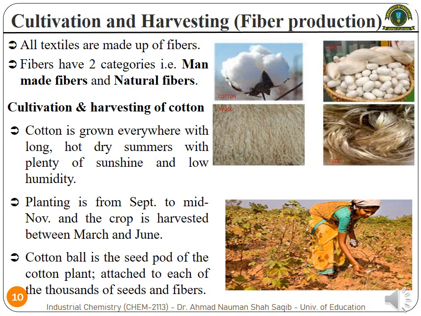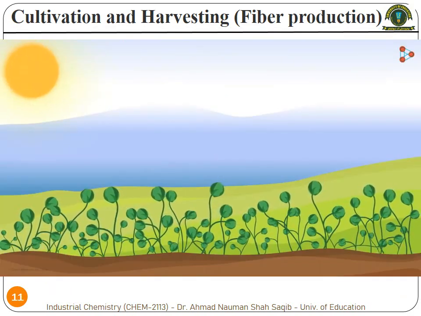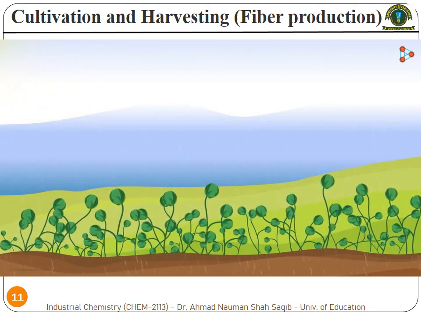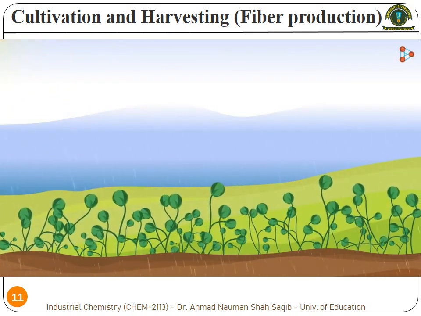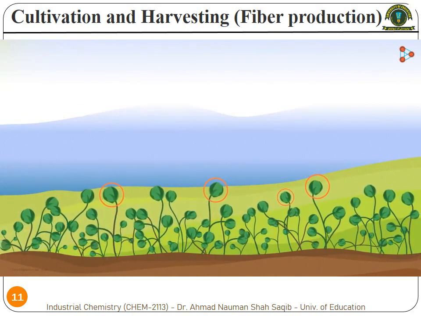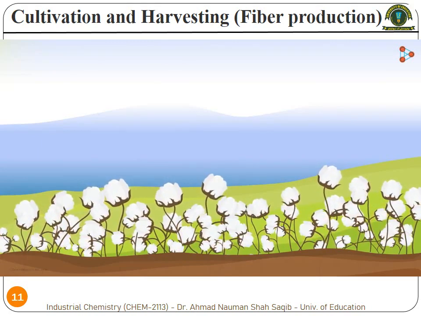So the cultivation and harvesting of cotton is the first step in textile manufacturing. The cotton plants require a lot of sunshine and a typically tropical climate with medium rainfall. Once the cotton boll, which is the fruit-like structure containing the cotton fibers, matures, it bursts open and the snow-white cotton fibers are exposed.